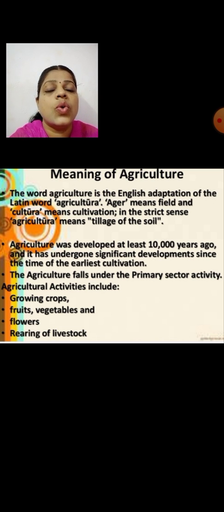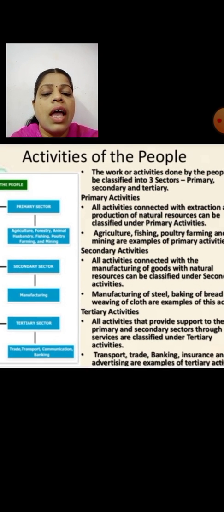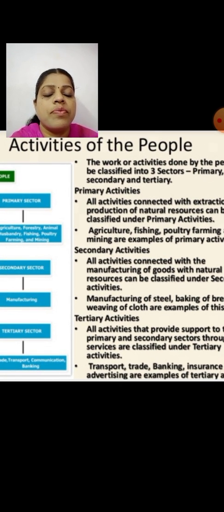Agriculture is also an economic activity, and all economic activities have been categorized mainly under three sectors. Which are they? Yes, the primary sector, the secondary sector and the tertiary sector.